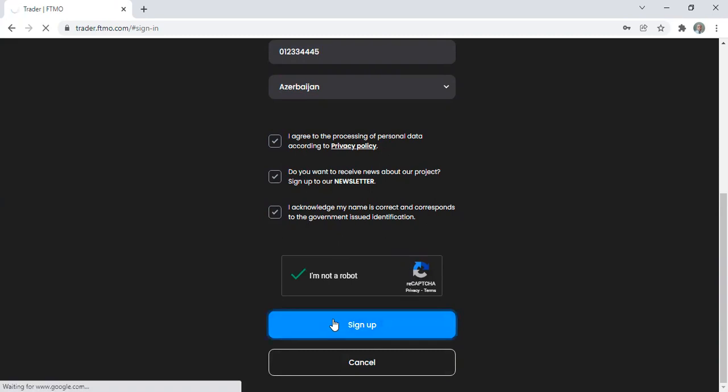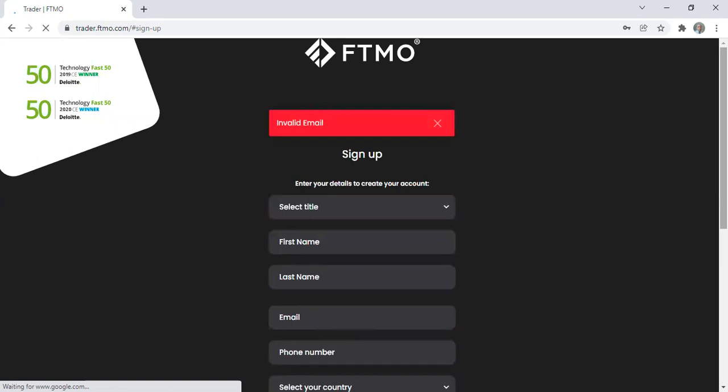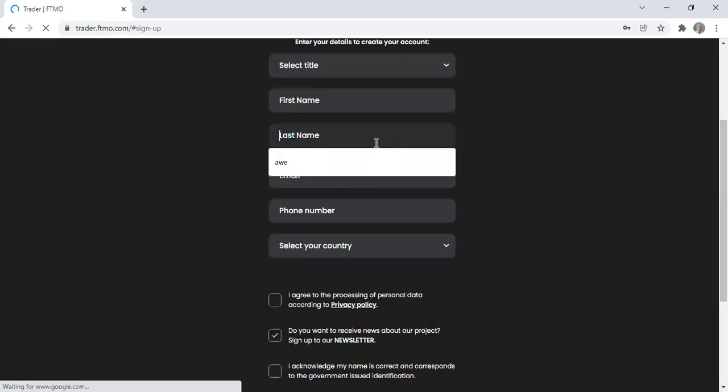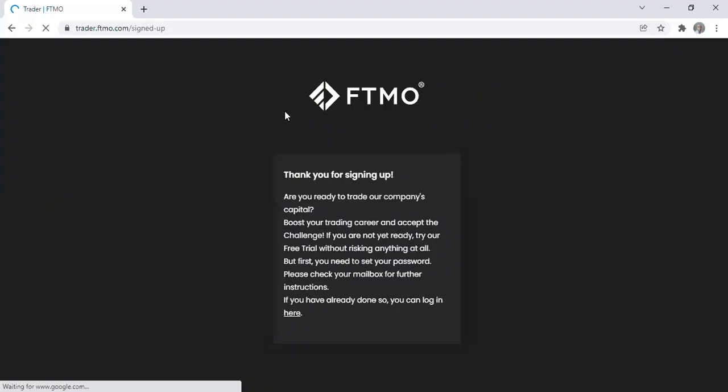What I'll simply do is click on sign up. Okay, direct email address. Let me quickly fix that. I think I don't put at gmail.com. I think once we finish sign up, I'll fix my email address.